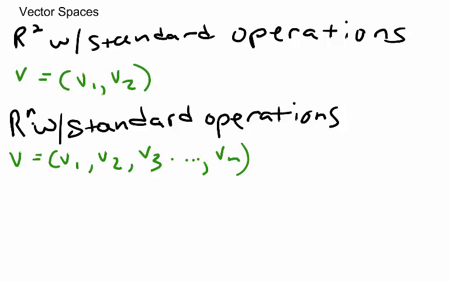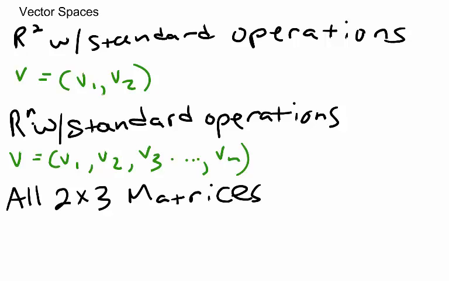The set of all 2 by 3 matrices with operations of matrix addition and scalar multiplication is also a vector space. And they take the form shown.